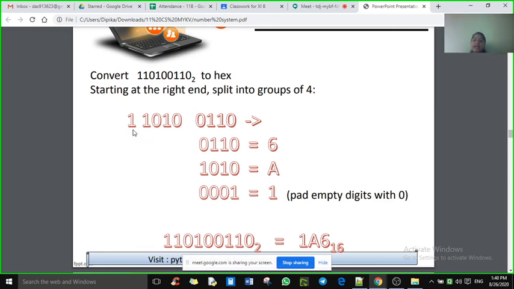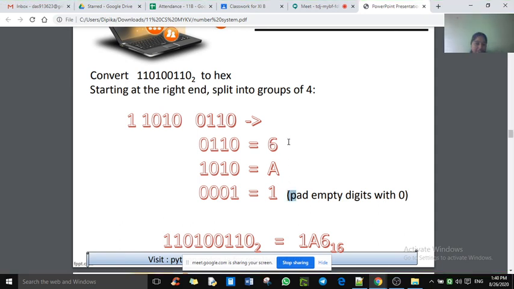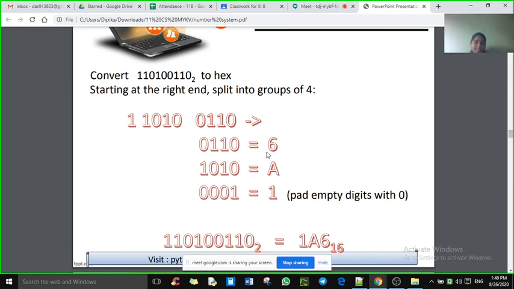Similarly, here the last group is 1, so its answer will be 1. Now, whenever you want to convert binary to hexadecimal, you write all these numbers in reverse order. So the result will be 1A6. What will be the result, Anshuman?